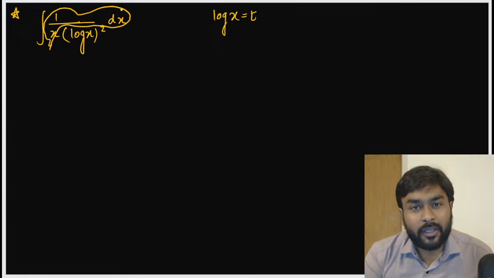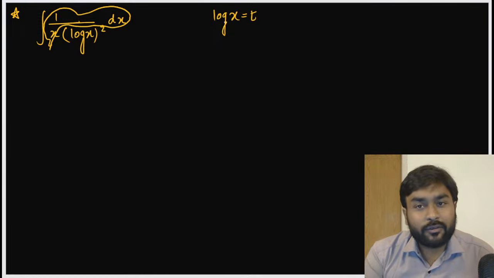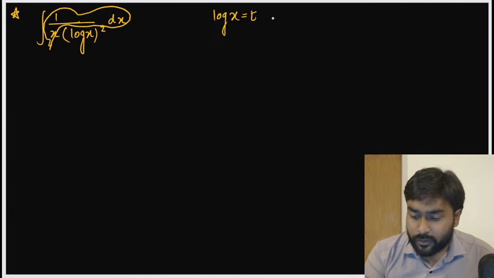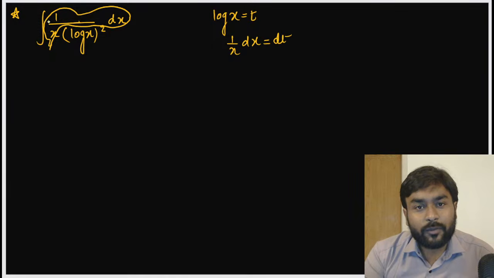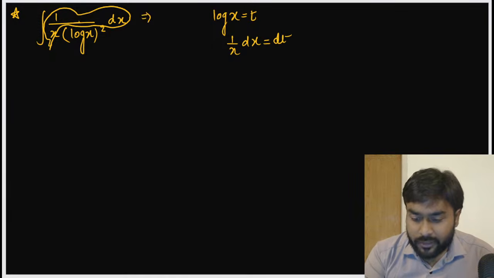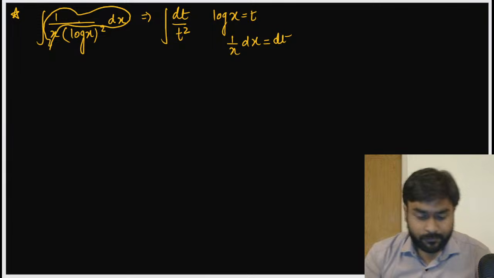So this dx by x will become what? dt. That's why we are taking log x equal to t. Then after that, differentiation of this will be what? 1 by x dx. 1 by x dx will be dt. So this we will write dt. If you write this dt, it will become dt by t square.